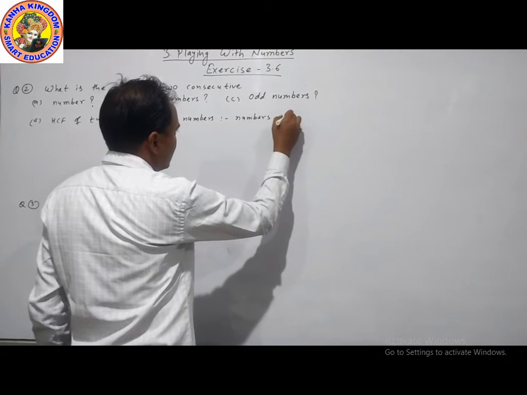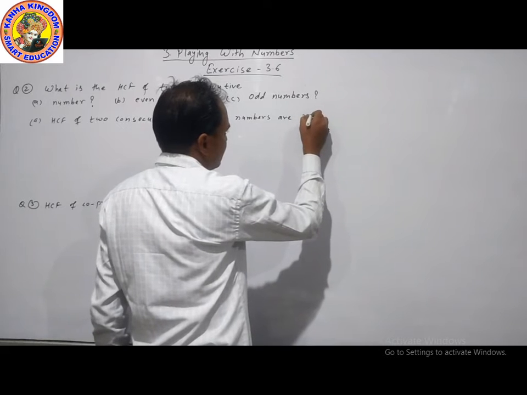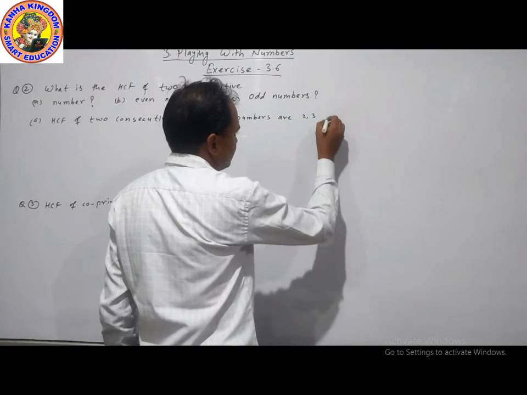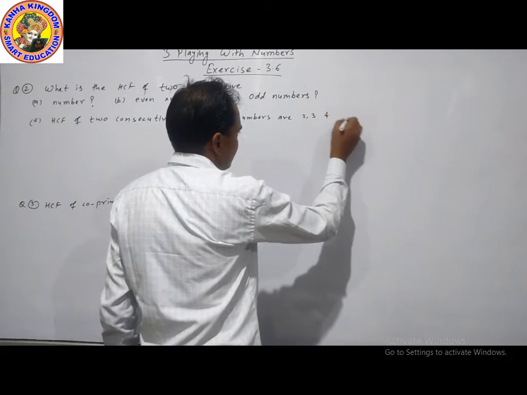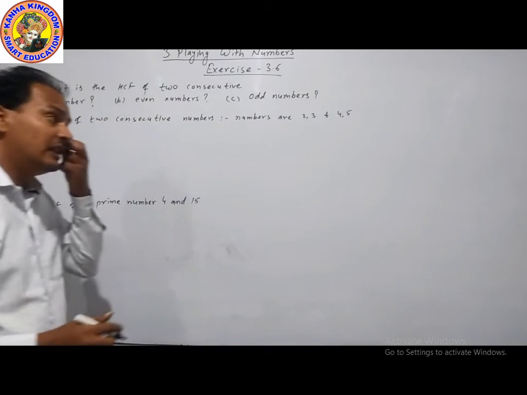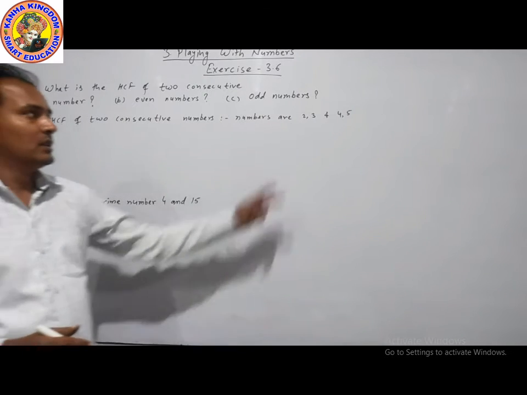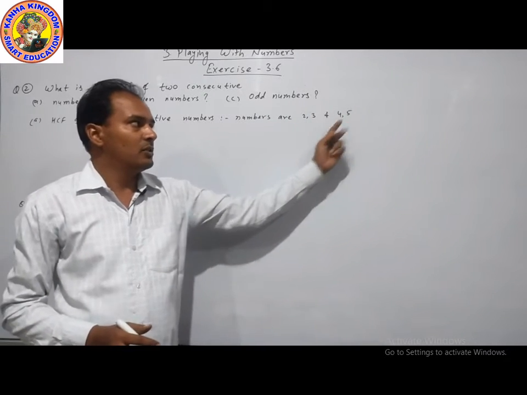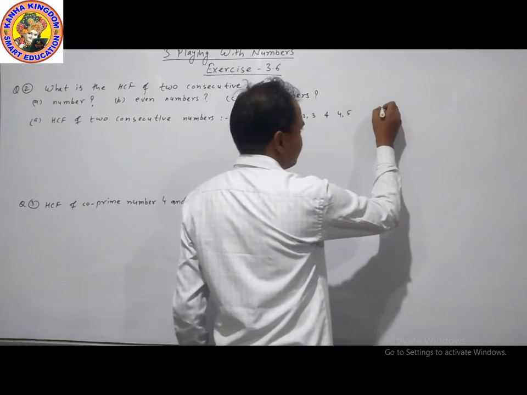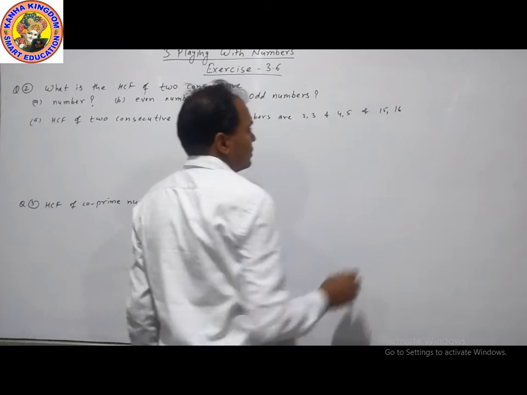If we take two consecutive numbers, the numbers are 2, 3; 4, 5; 5, 6. These are consecutive numbers, and they have no common factor. If we take 15 and 16, there is no common factor.